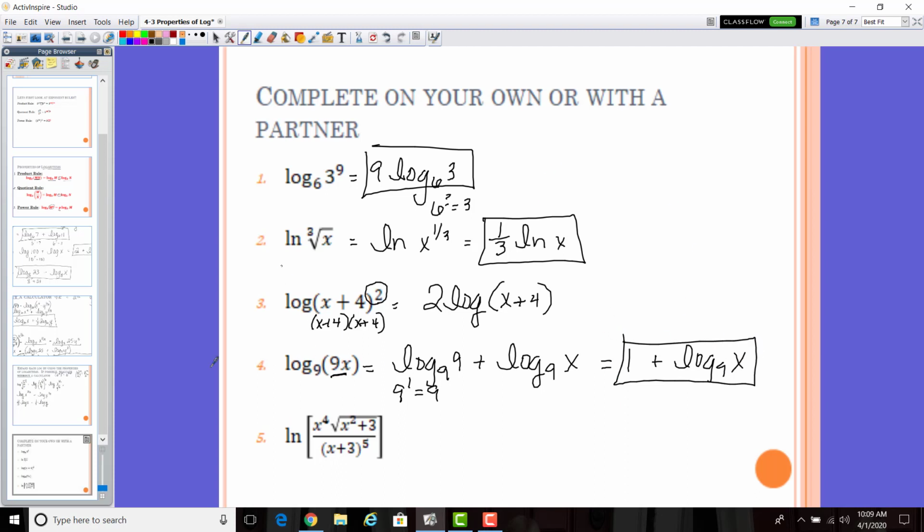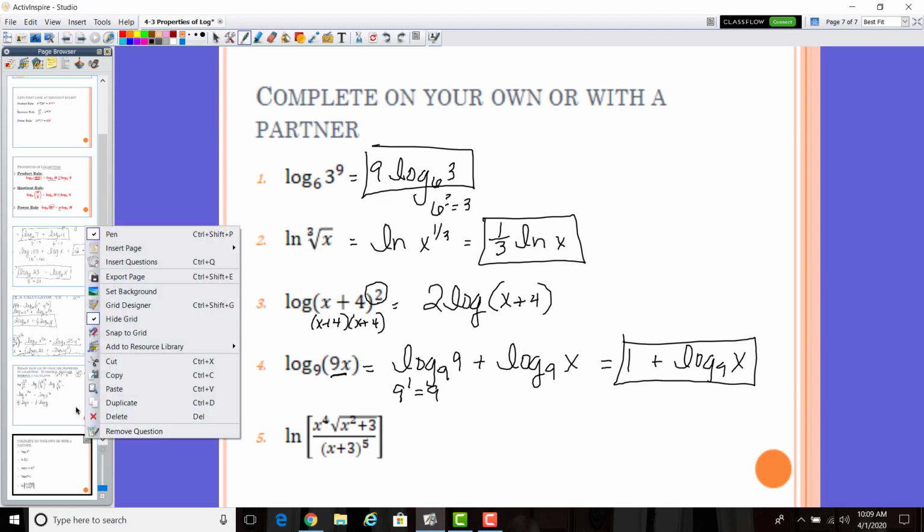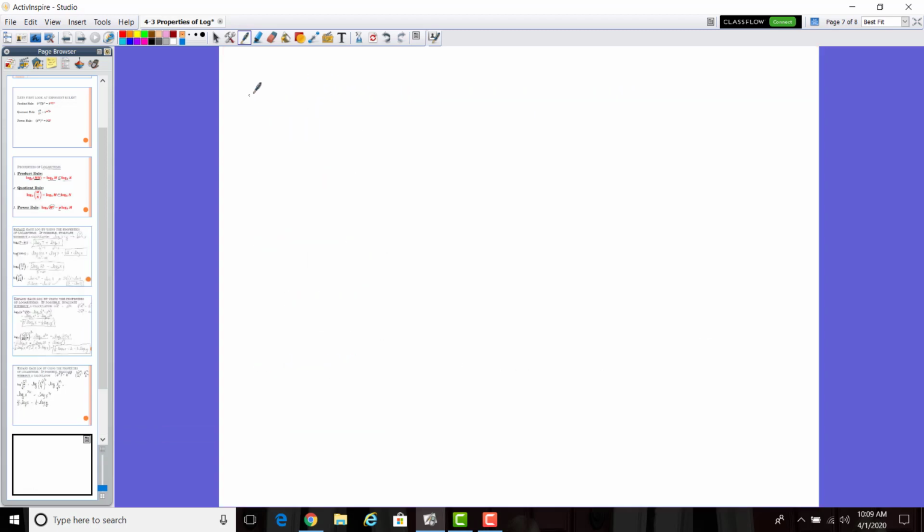And this last one tends to get people all worked up because it's long. Okay, I'm going to rewrite it on another page so that I have a little bit more room. So I have the natural log of x to the fourth times the square root of the sum x squared plus 3.